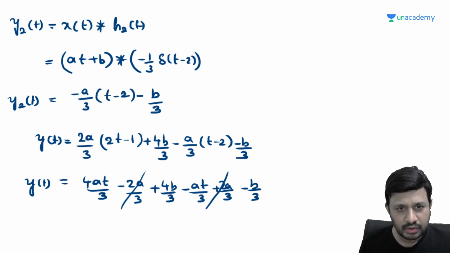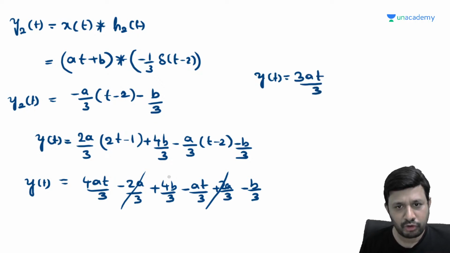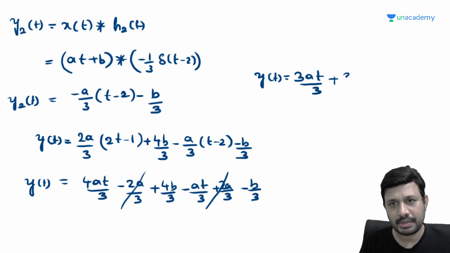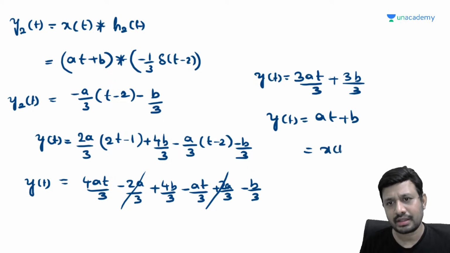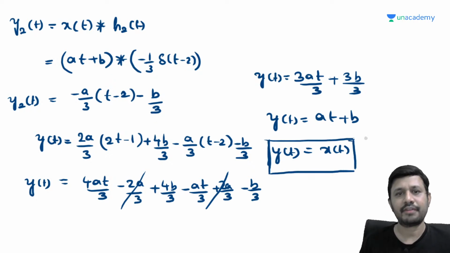So 4at by 3 minus at by 3, so your y of t will be 3at by 3, and 4b by 3 minus b by 3, sorry, 3b by 3. Or what is that? Your y of t is nothing but at plus b. At plus b is what? x of t only. So your y of t is x of t. This is the relationship between y of t and x of t.